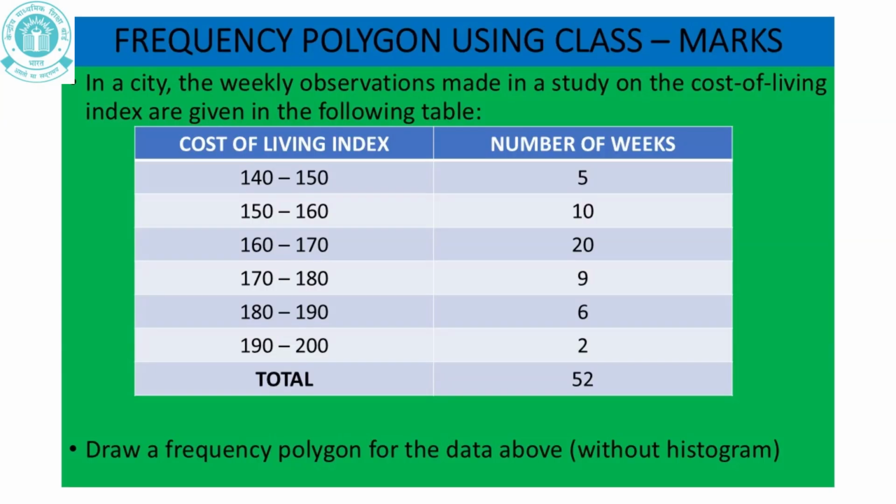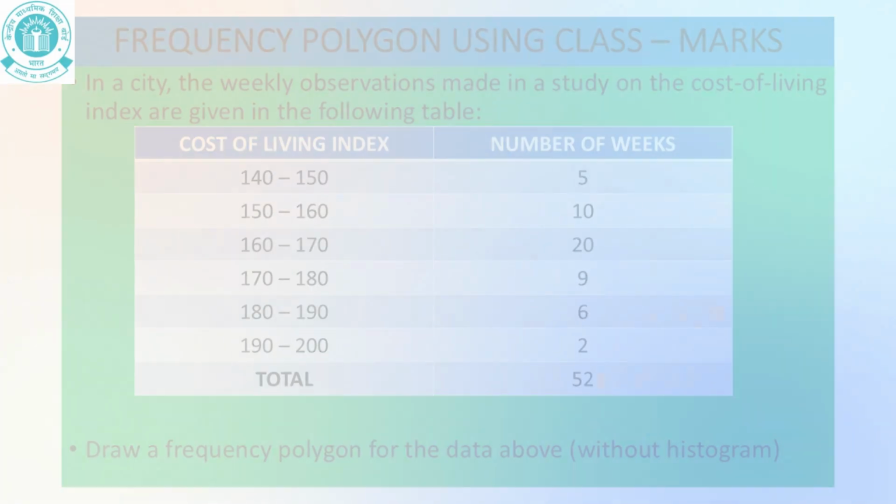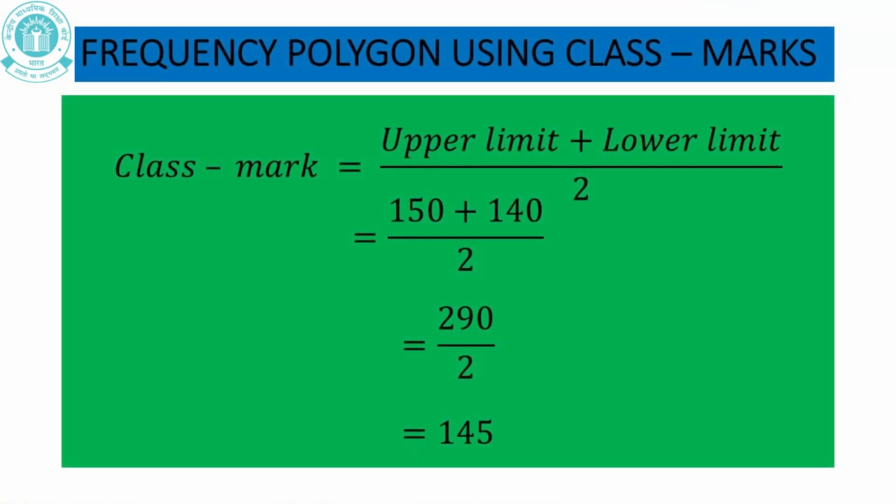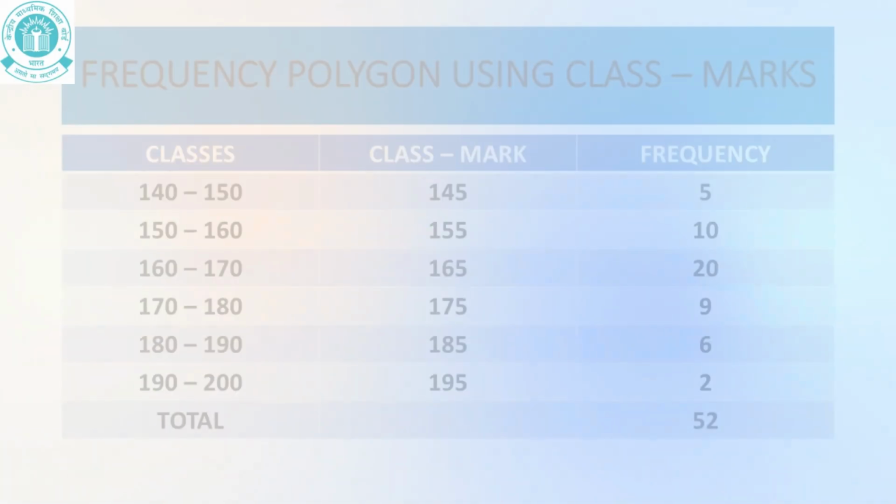So, for the first class interval, the class mark is given as class mark equals upper limit plus lower limit divided by 2, that equals 150 plus 140 divided by 2, equals 290 divided by 2, which gives 145. Similarly, we can find the class mark for all the class intervals and we can get the new table as follows.